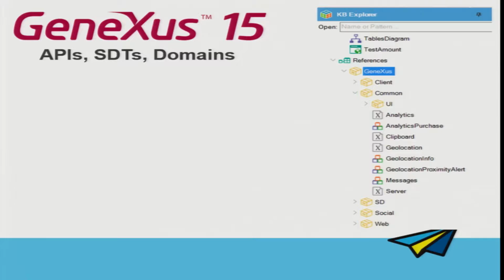As the objects and the packages that we created, these objects from GeneXus cannot be modified either. These are APIs that we can use as we did it in the past, but we cannot modify them. The advantage is that we always make sure that you will be working with the right version of these APIs.